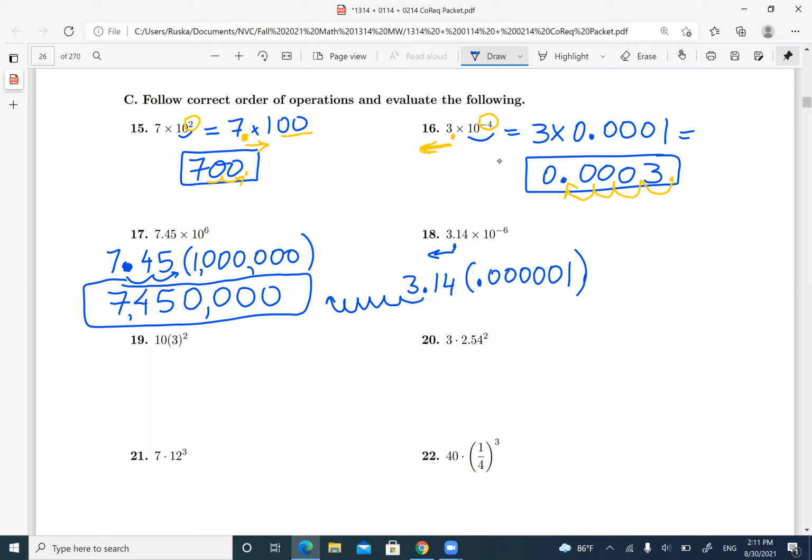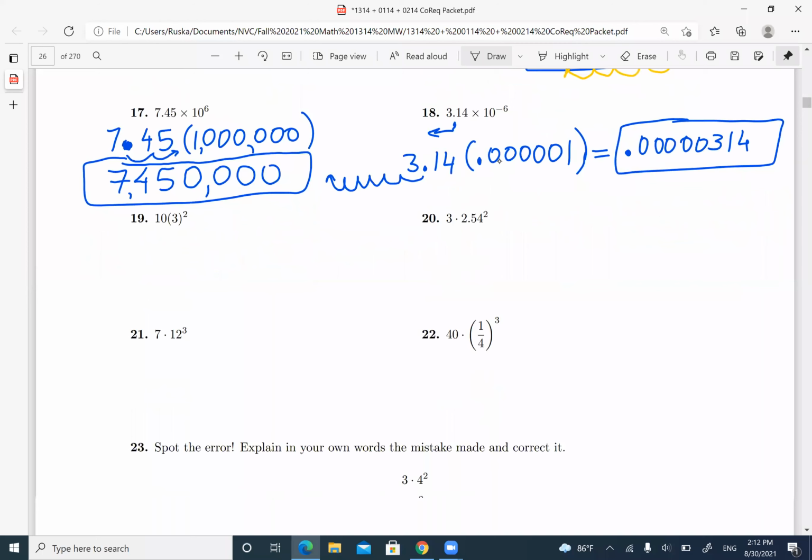So it's going to be 5 zeros, 0.00000314. Okay, so that's my answer. Everybody understanding this? Yes. So when you multiply or divide by tens, it's really easy.